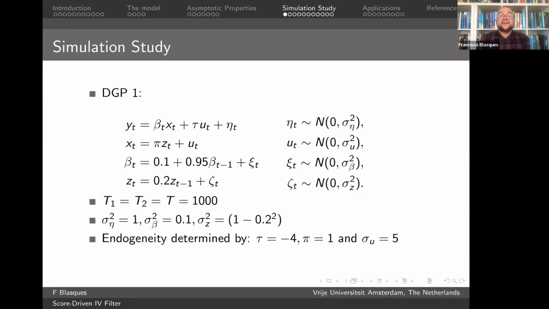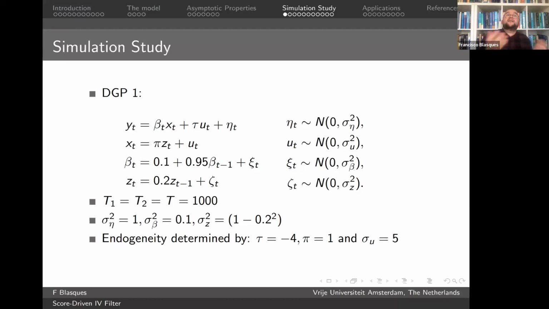Simulation study. Right, then in practice, there's the question of how well does it work on a reasonable sample size? Reasonable, of course, being a relative term. But here we tried a few DGPs where we have endogeneity, right? And where we wanted to compare mostly what happens to the usual score filter.